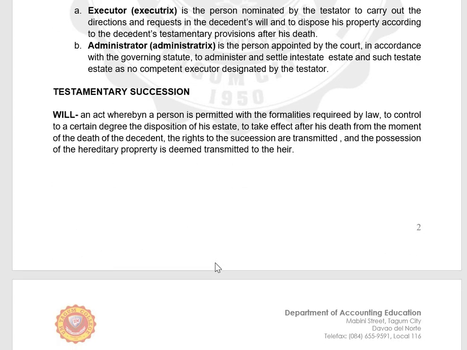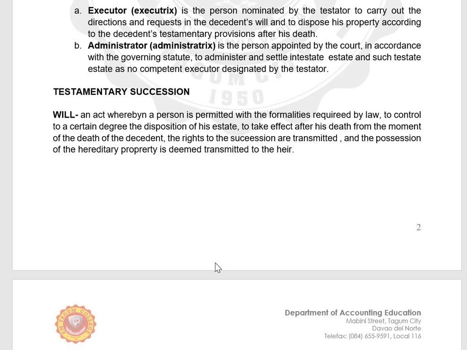So, as what I've said kanina, testamentary succession is that which results from the designation of an heir made in a will executed in the form prescribed by the law. So, of course, a will is an act whereby a person is permitted with the formalities required by the law to control to a certain degree the disposition of his estate to take effect after his death.